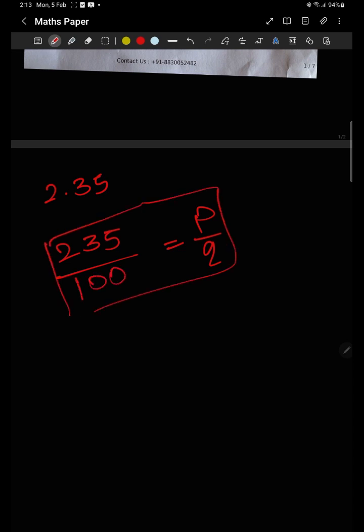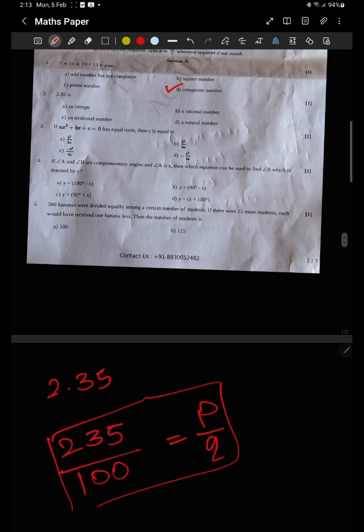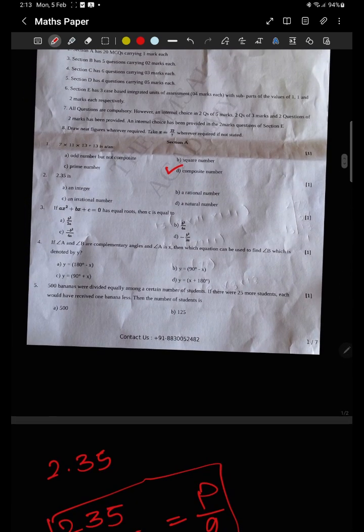If I write 2.35 in the p by q form, it looks like 235 divided by 100. So I can write it in the form of p by q, and hence it is a rational number.